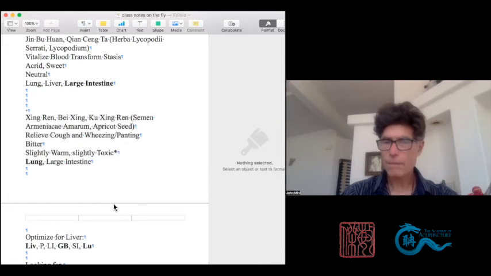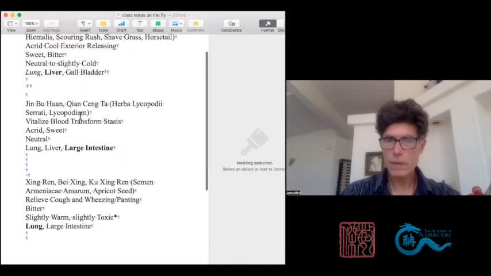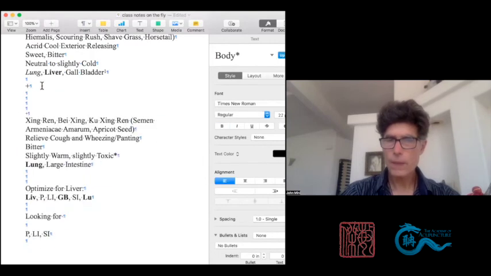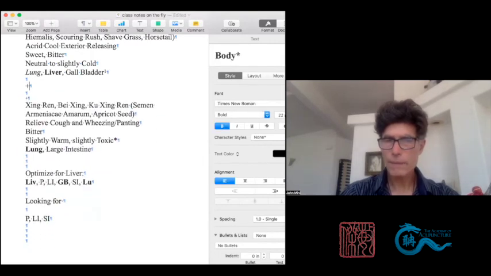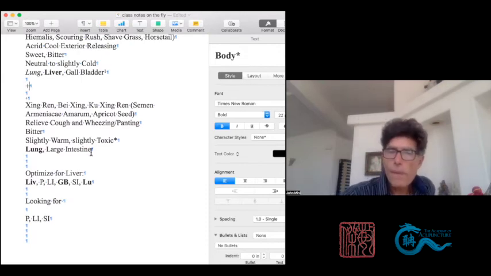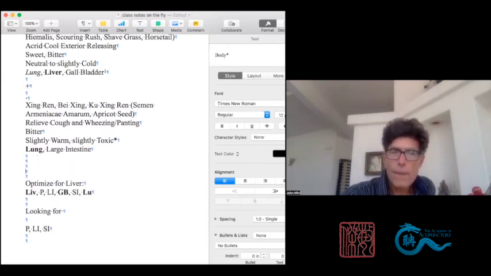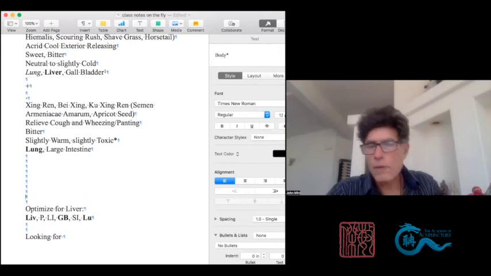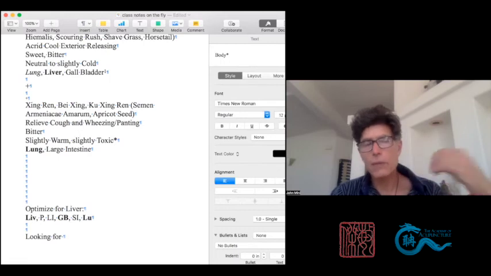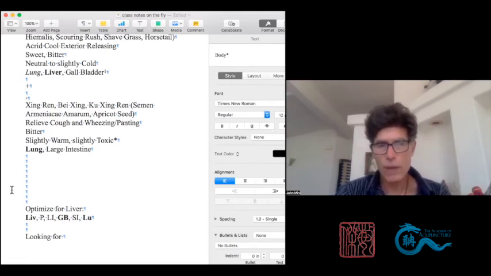Like that. Okay. Let's take the Jingduhan out of here. So this would be for dry cough and the sinuses. Classic attack of wind heat. We could use something like this. Xingren, sure, why not? Okay.